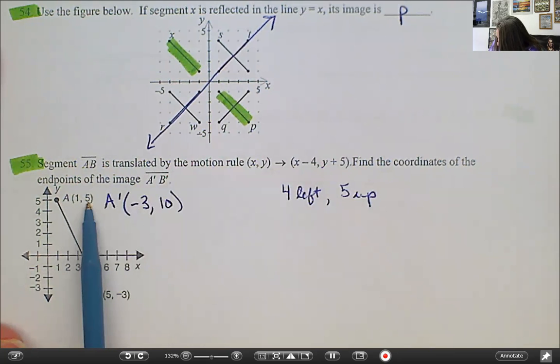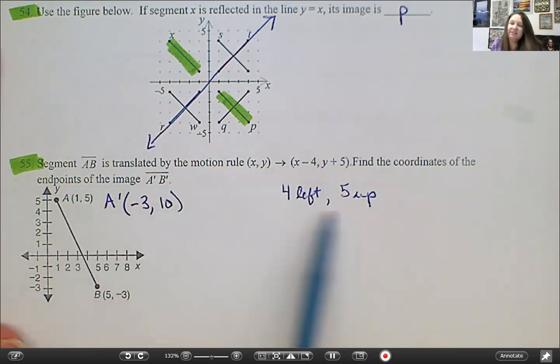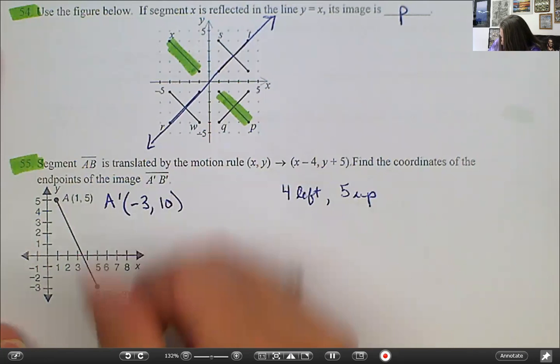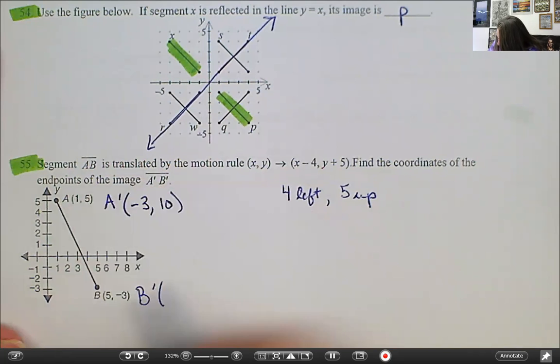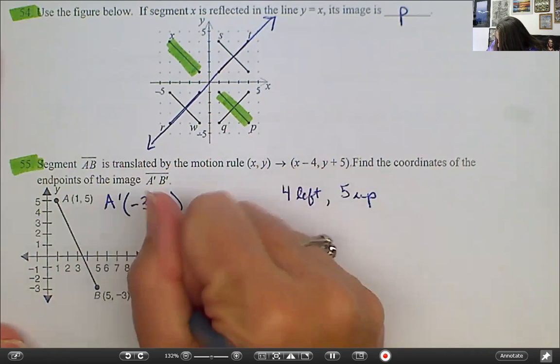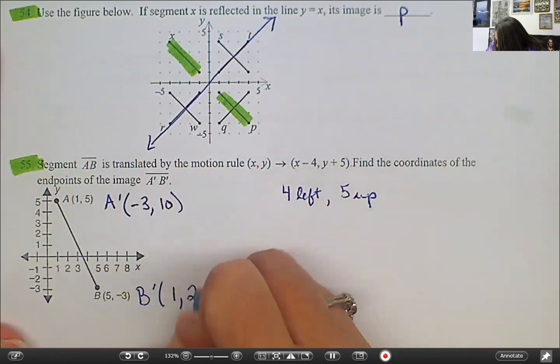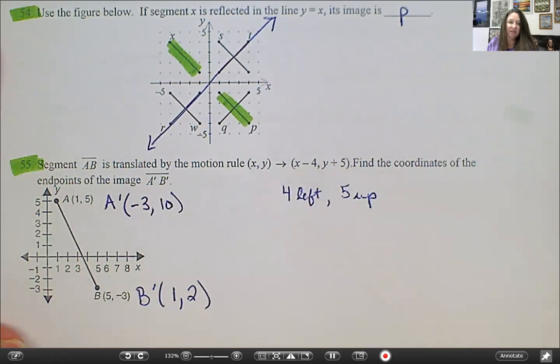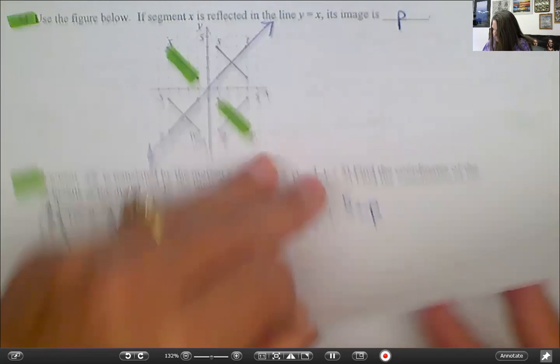Start at 5 and go 5 up, you would be at 10. So you can kind of think of it by its movement also. But that would mean that B prime would then be at 5 minus 4, which is 1, and negative 3 plus 5, which would be 2. So there's the coordinates then of that translation.